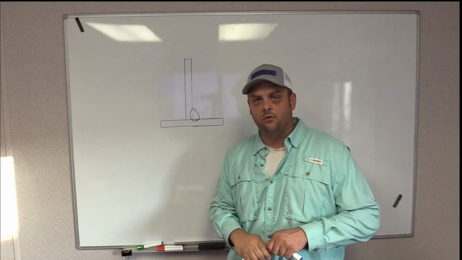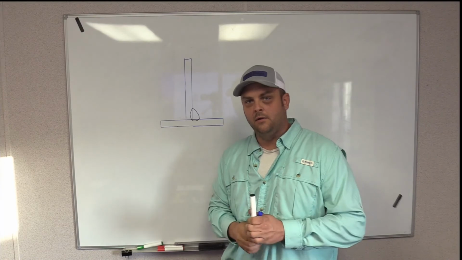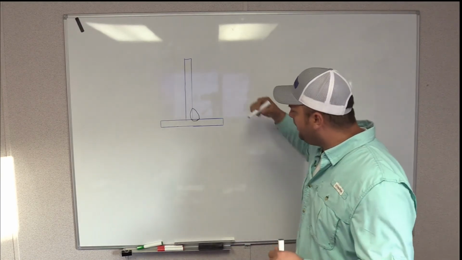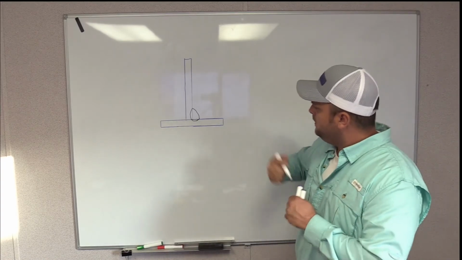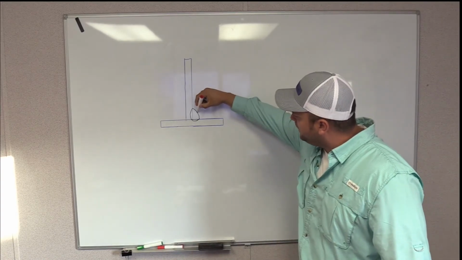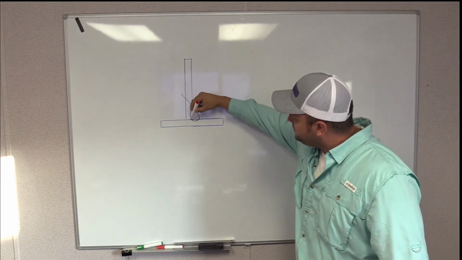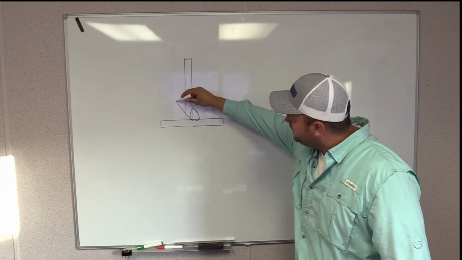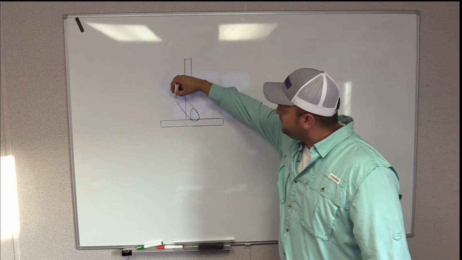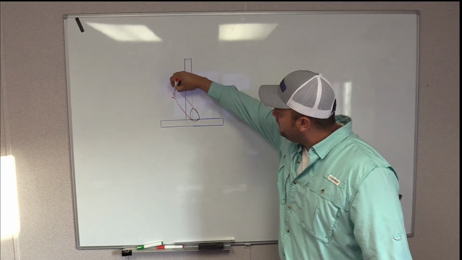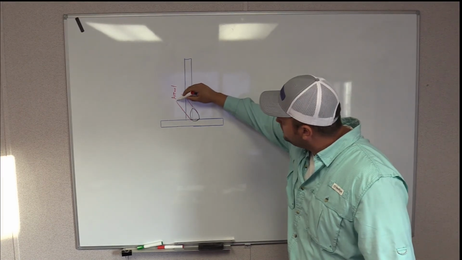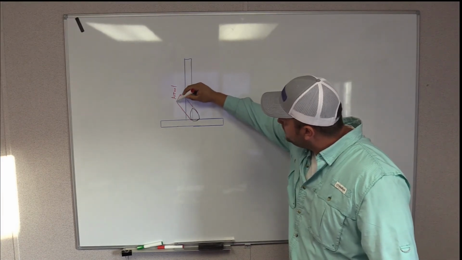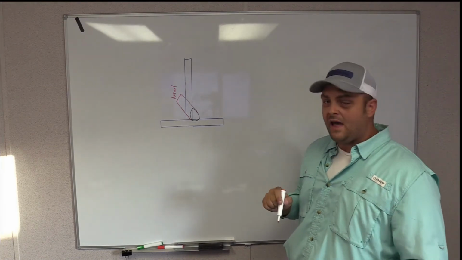So the actual throat is from this very outside edge right here, the very edge, to the very inside, a maximum spot of penetration right there. And that's your actual throat.